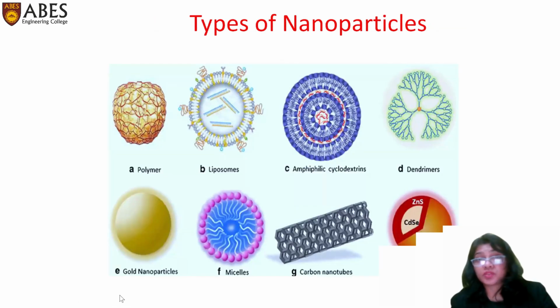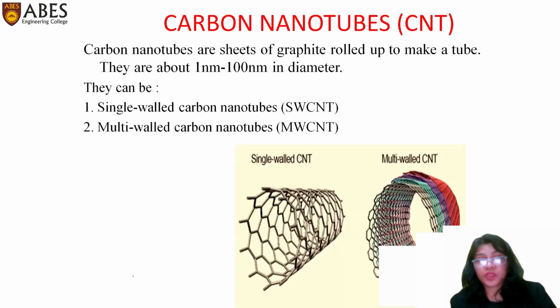These are some types of nanomaterials: polymers are also in the form of nanomaterials, dendrimers, liposomes, gold nanoparticles. Now we are taking some examples of nanomaterials, and this is an example of carbon nanotube. Generally, carbon nanotubes are sheets of graphite rolled up to make tubes.